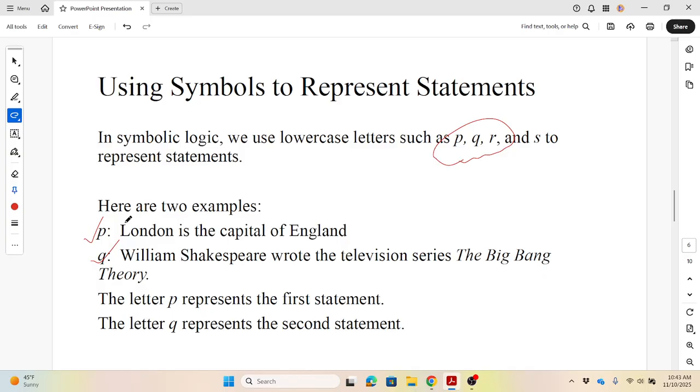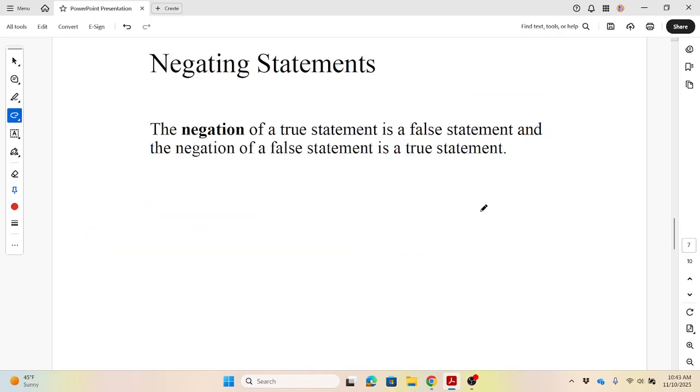Using lowercase letters is going to be easy when you deal with statements. The negation of a true statement is a false statement, and the negation of a false statement is a true statement. Negation means opposite. So if you have a statement p, the negation of p is the opposite of p.